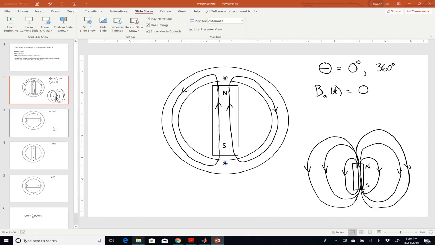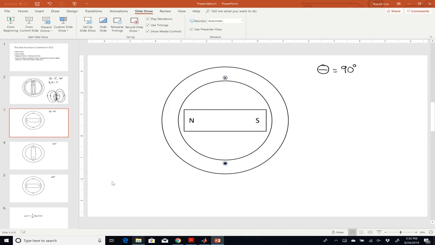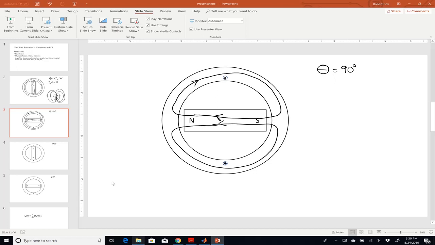Now if I rotated that coil to 90 degrees and I redrew my field like this, as it would be in that scenario, all right. Now if I look at that, I have a whole bunch of field cutting up through the plane of the coil.